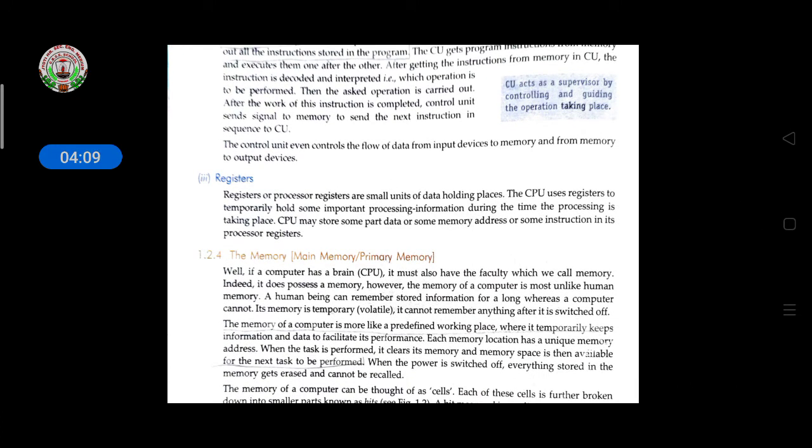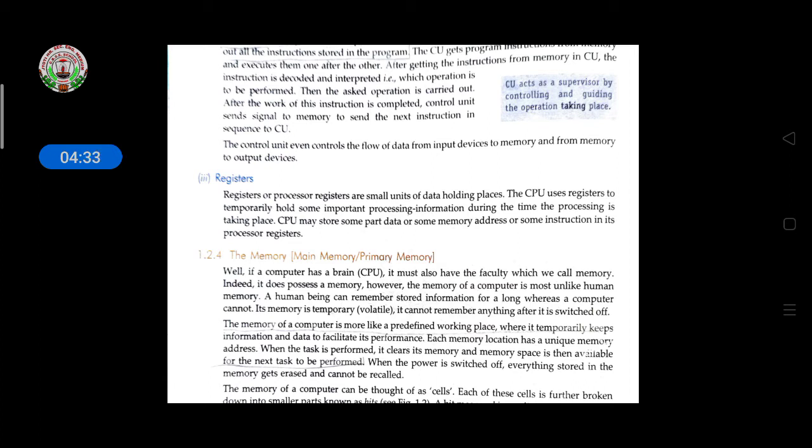The control unit even controls the flow of data from input device to memory and from memory to output device. Then registers. Registers or processor registers are small units of data holding place. The CPU uses registers to temporarily hold some important processing information while processing is taking place.